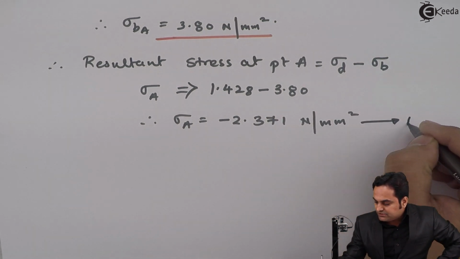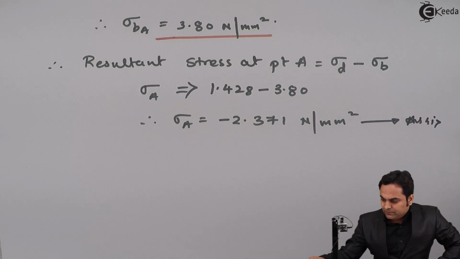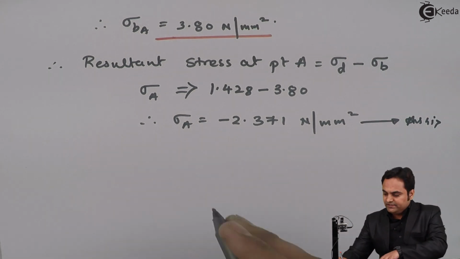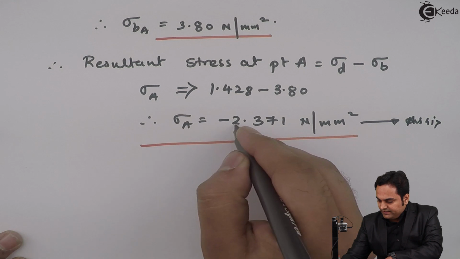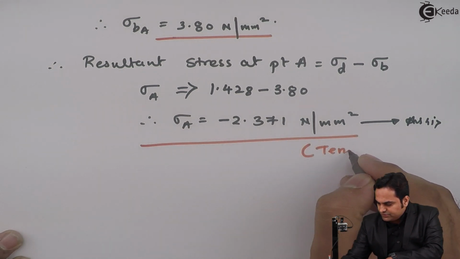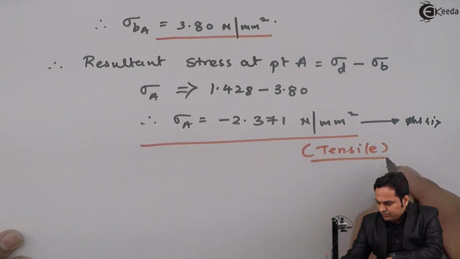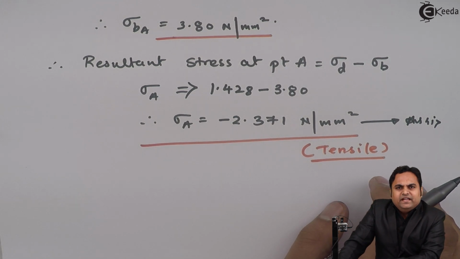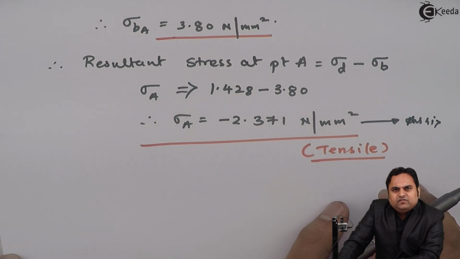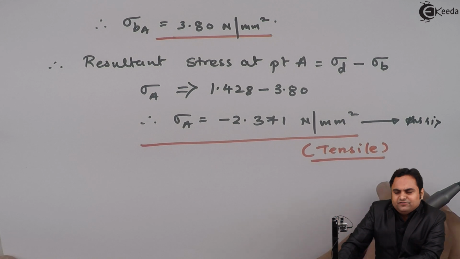This will be the first answer, because in the problem they have asked to calculate the stress at A, and here I am getting a negative value. It means the stress is of tensile nature, because in direct and bending stresses we take tensile stress as negative and compressive stress as positive.